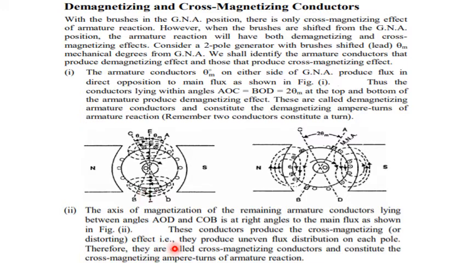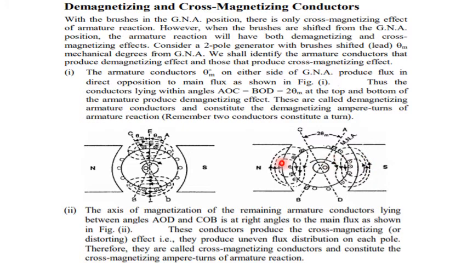Now the remaining armature conductors, lying between the angles AOD and COB, are at right angles to the main flux.